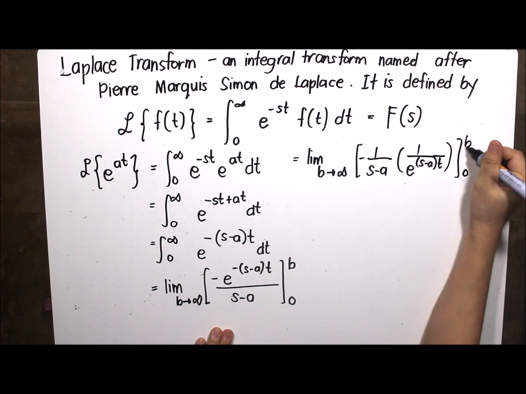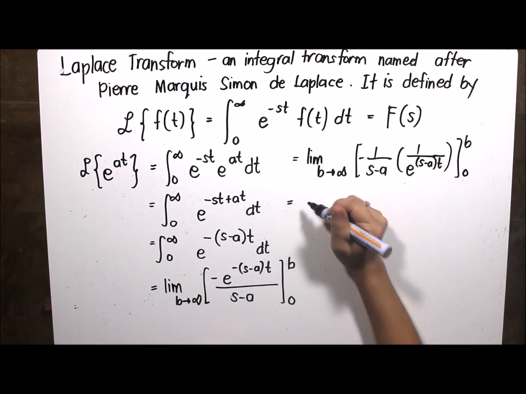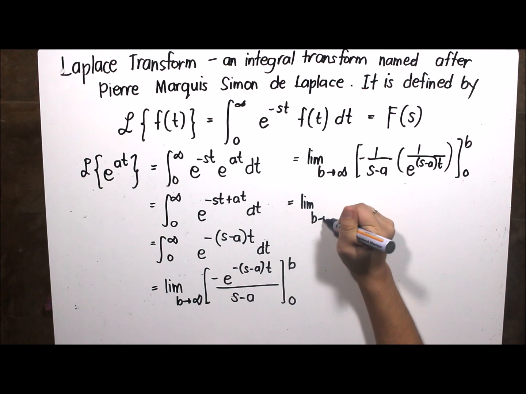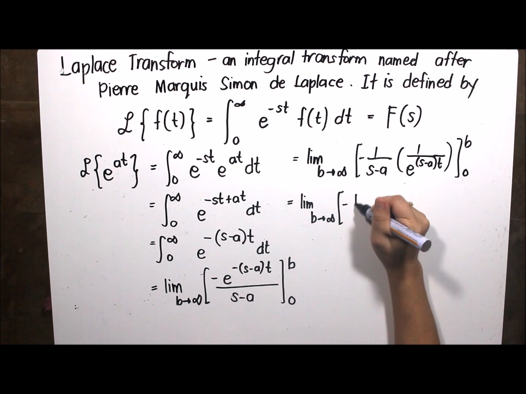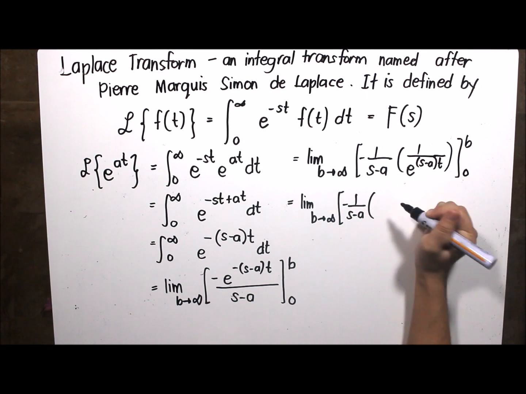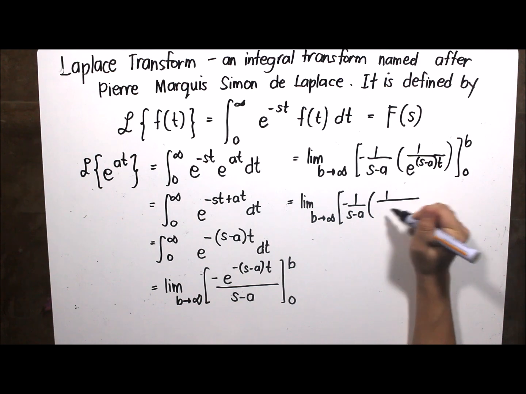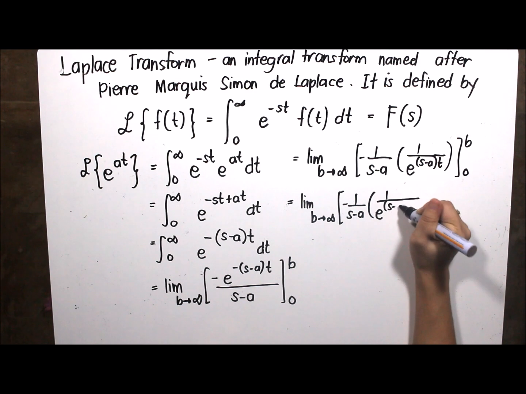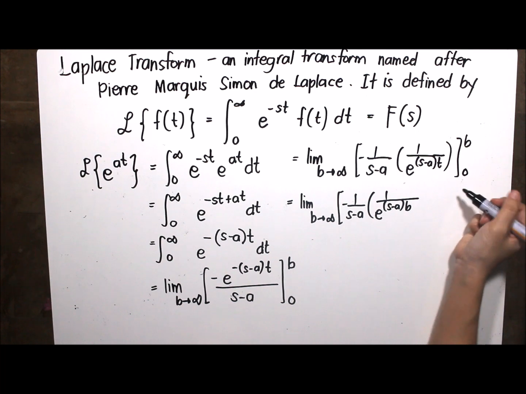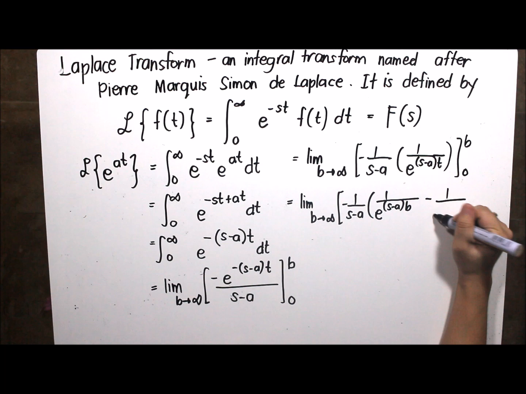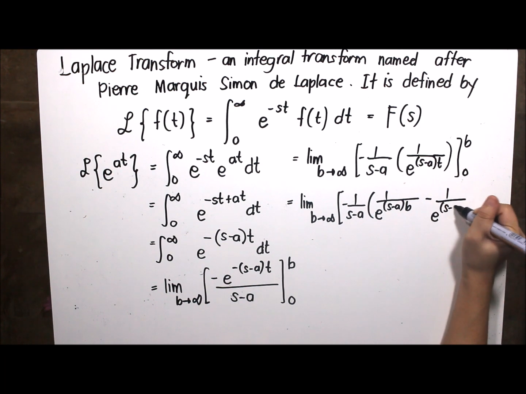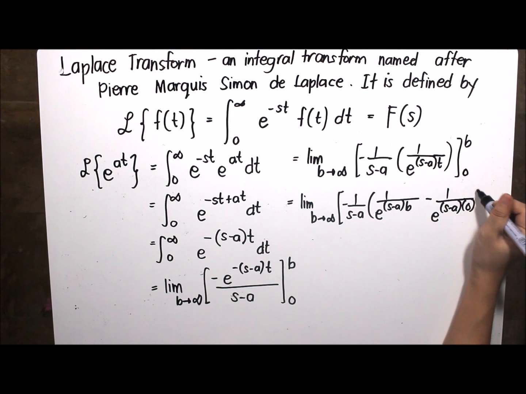Limits again from 0 to b. So, kung mag-apply na tayo ng limits, we have limit as b approaches to infinity of, let's apply upper limit. So, we have negative 1 over s minus a times 1 over e s minus a times b minus 1 over e raised to s minus a times 0 naman.